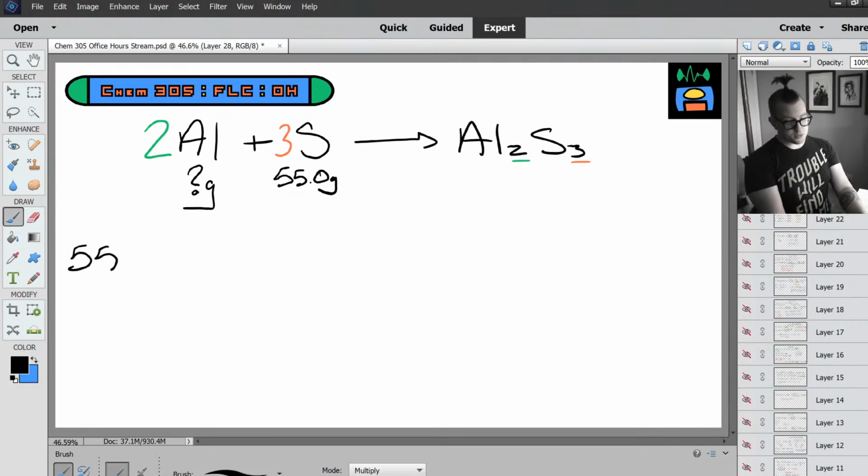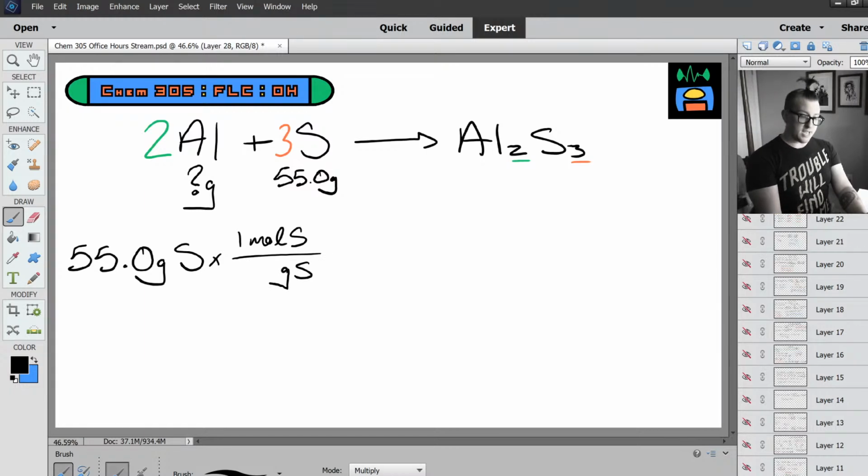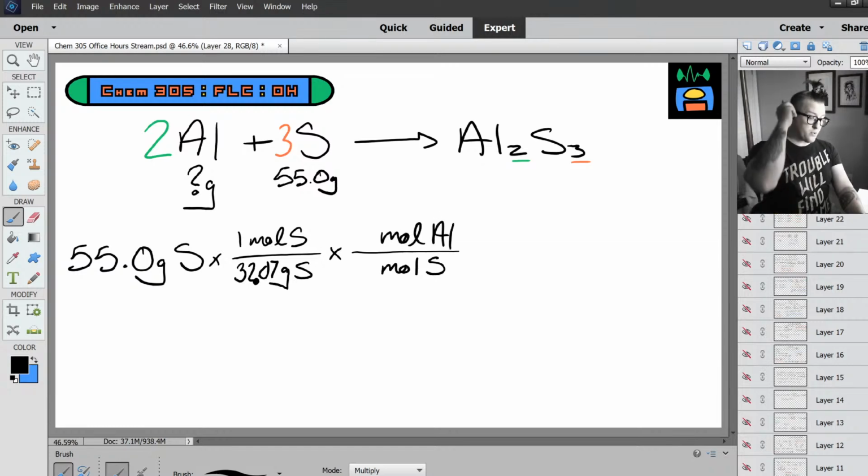So we're going to have to do some stoichiometry, right? We start with 55.0 grams of sulfur. We have to convert grams of sulfur to moles. And this unit conversion we get straight off the periodic table, 32.07 grams, the atomic mass of sulfur, per mole of sulfur. Now we need to convert from moles of sulfur to moles of aluminum.